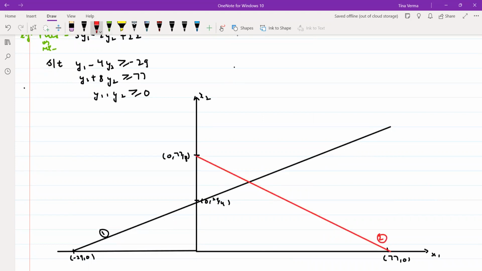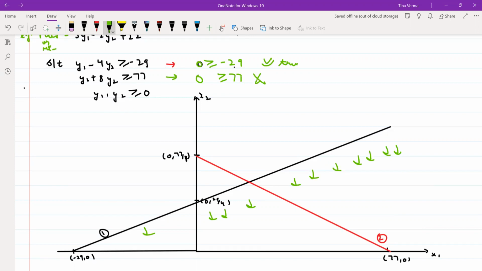So now the region comes. So now you can see from here that when I substitute y1 and y2 as 0, this is 0, which is greater than minus 29, which is true, right? So that means this line is coming towards origin. And again, if you substitute origin, this is 0 greater than 77, which is not true, that is false.